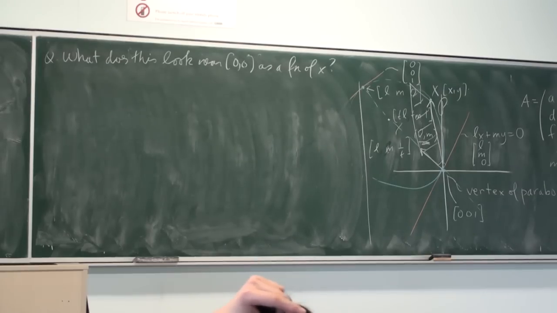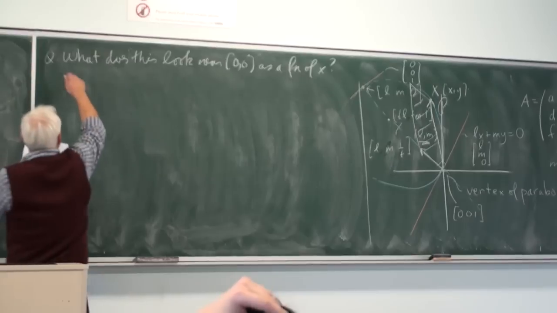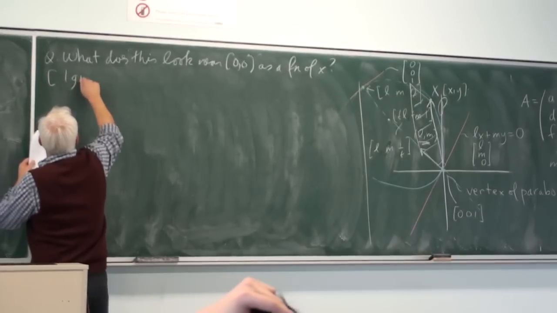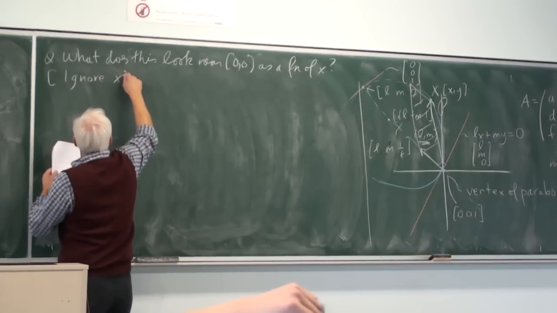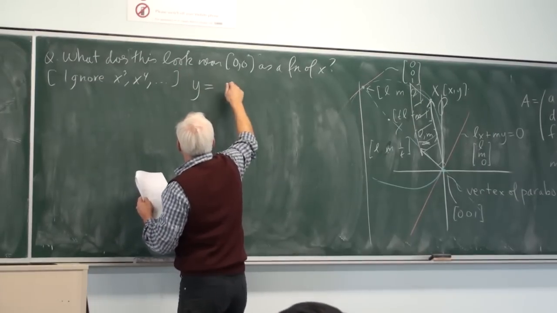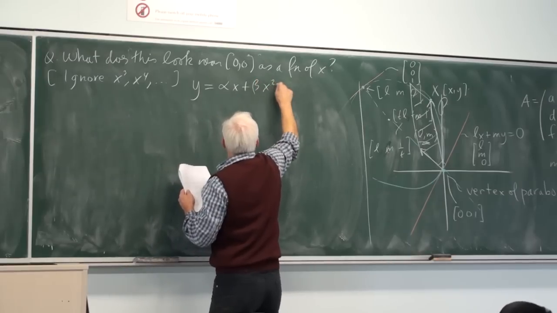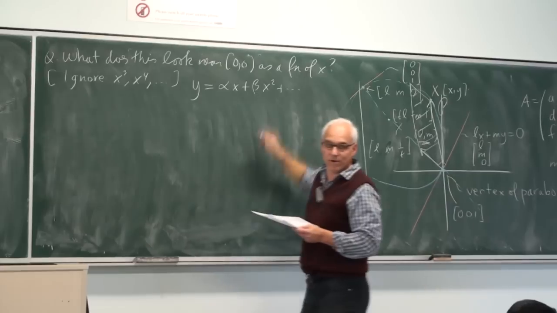We're only interested in degree 2 or less, meaning we can ignore x cubed, x to the fourth, and higher terms. So we'll just let our function that we're looking for be alpha x plus beta x squared. And there might be some other terms, but we're going to ignore them.